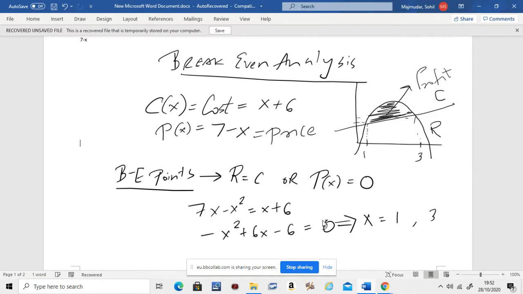So if the question is from what point to what point you'll be making a profit, it means from the point 1 to 3. Now this x could be in terms of hundreds, so you can say from 100 to 300 products, your company will be making a profit. Everywhere else, this region as well as this region, is considered a loss.